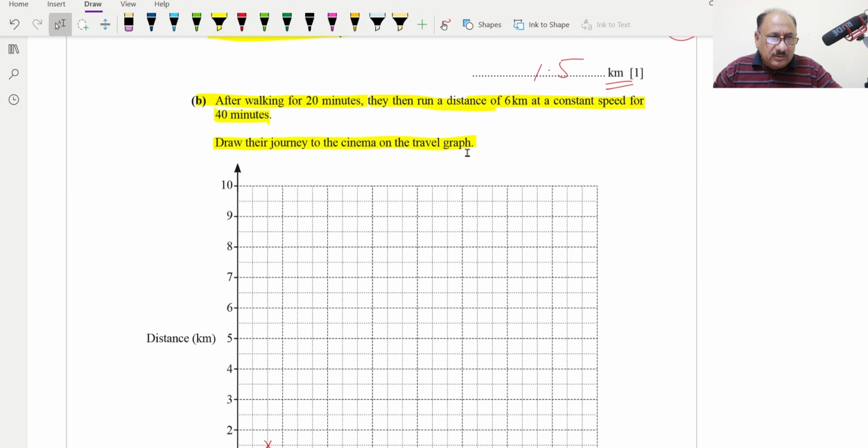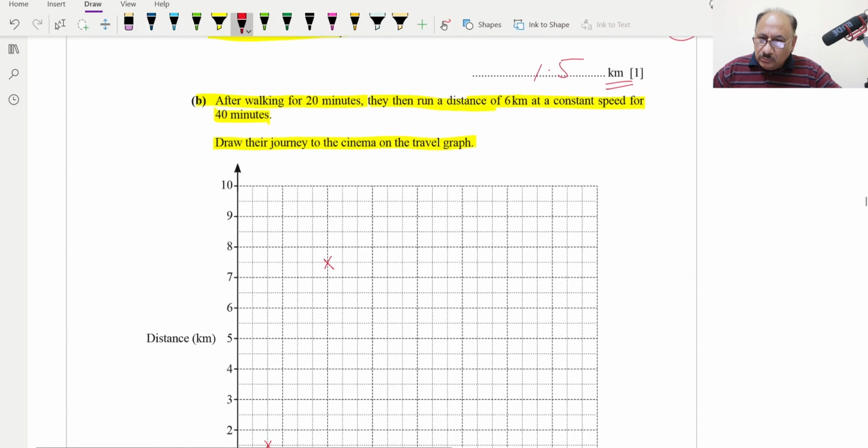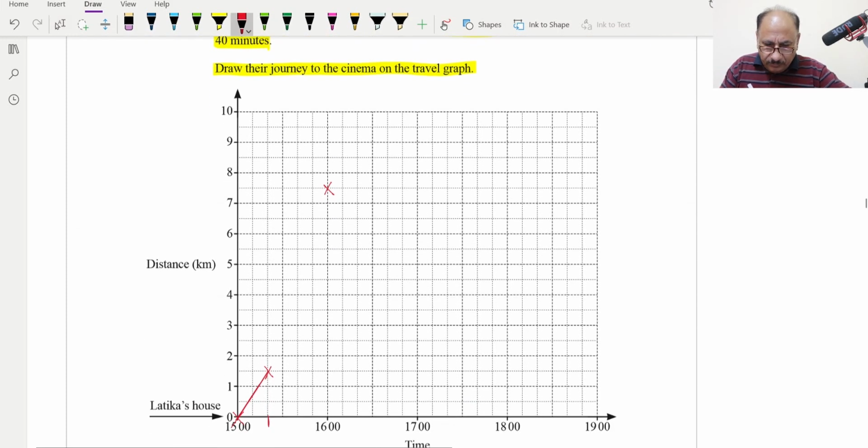So they are running for 40 minutes. 40 minutes will be up to this point, and they will be covering 7.5 kilometers in total. So we can draw this part of the journey as well. This will be the line which we have drawn.